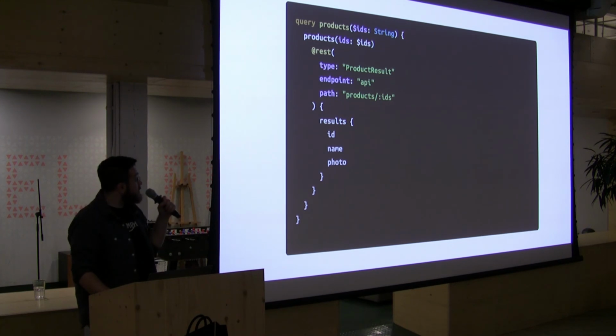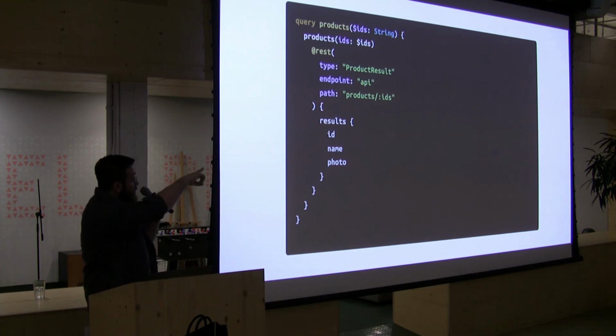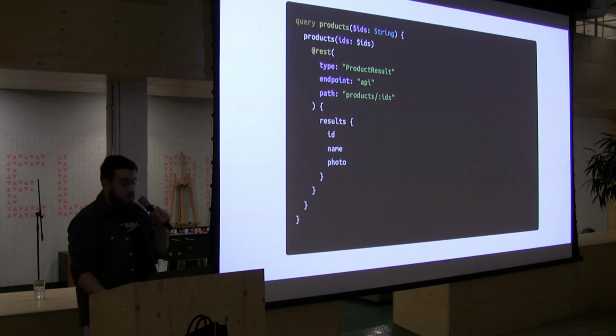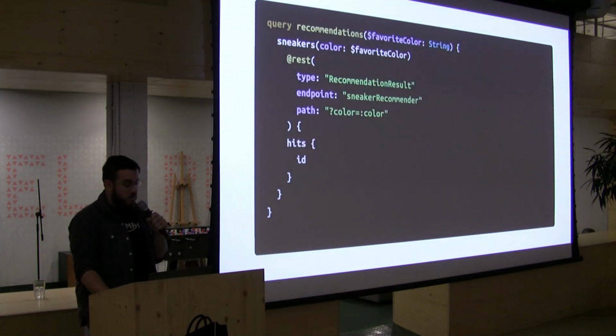This was the child REST query. It takes a string of IDs and passes it into the ShoeDB endpoint. Remember I named it ShoeDB API, so when I say endpoint API from our Apollo client, that's actually hitting ShoeDB. This is our recommendations query that just accepts our favorite color.